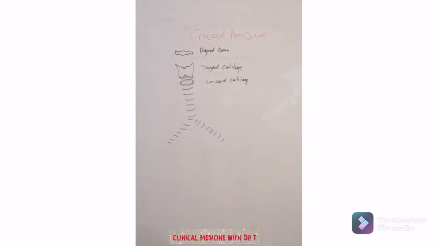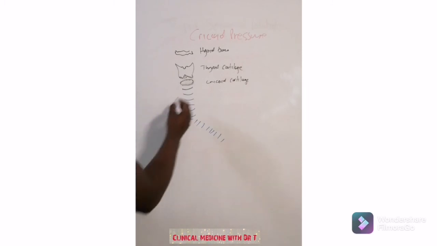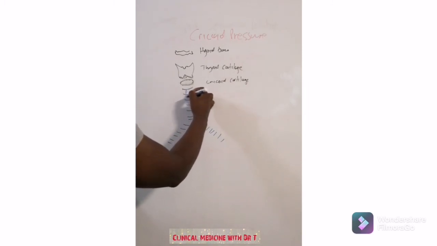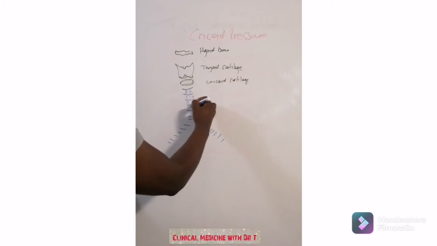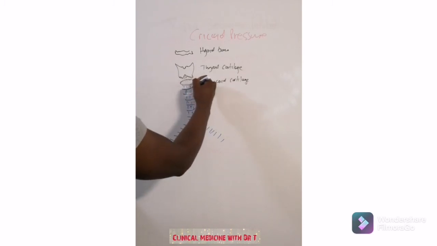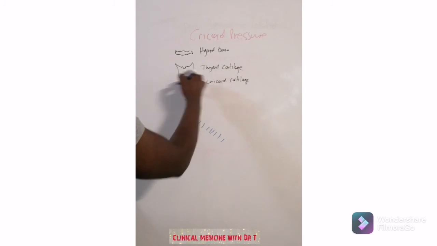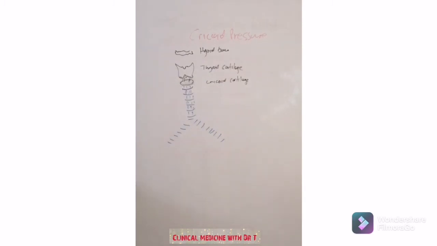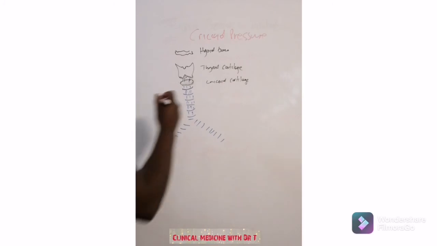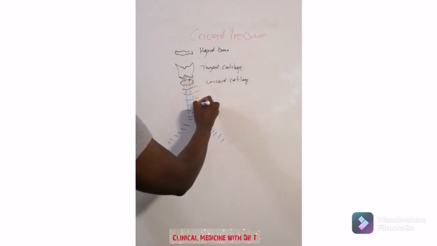Between these there is a membrane too. All of these are C-shaped.